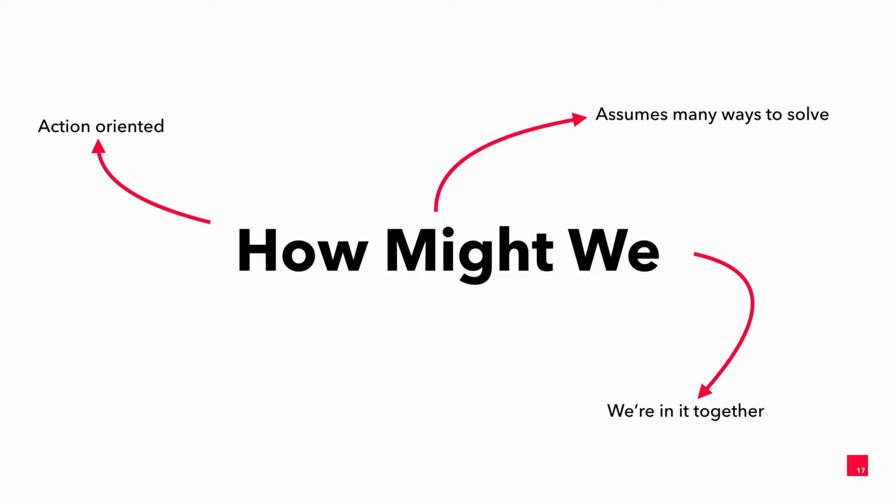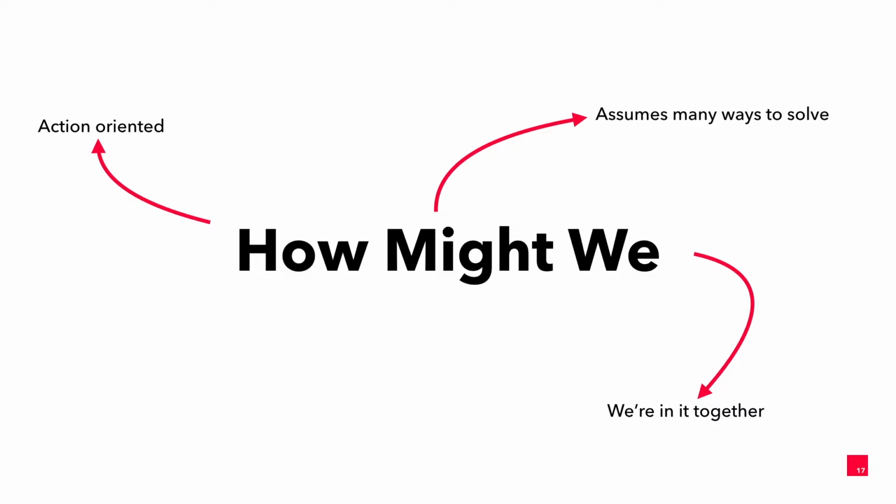A how might we statement is something like, how might we encourage city residents to register to vote? We do this because a how might we statement makes the challenge action-oriented. It assumes many ways to solve the problem, and it assumes that we're in it together, so it makes the challenge collaborative.